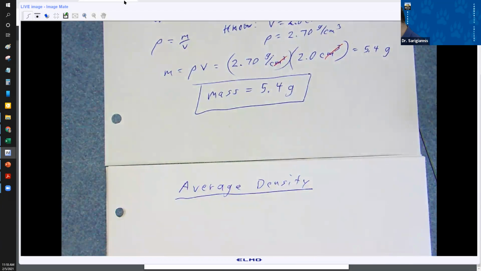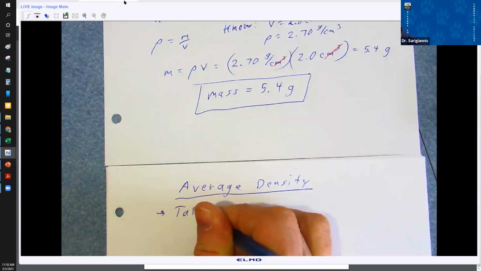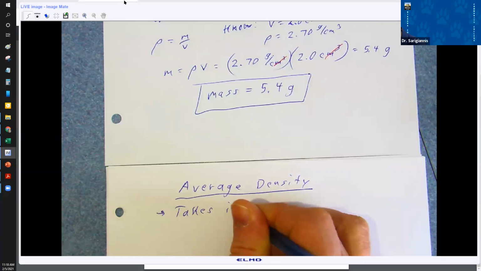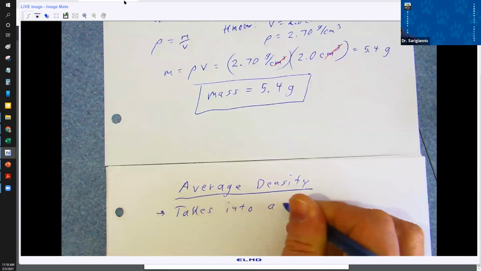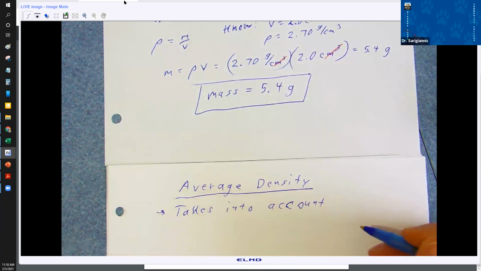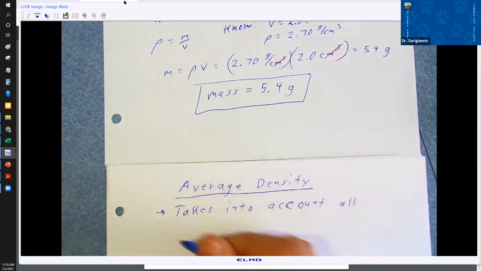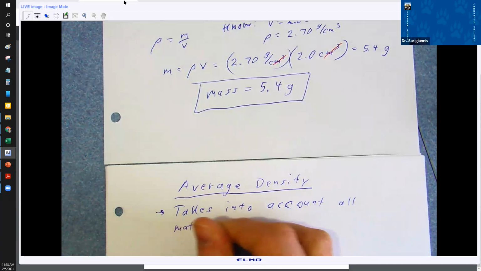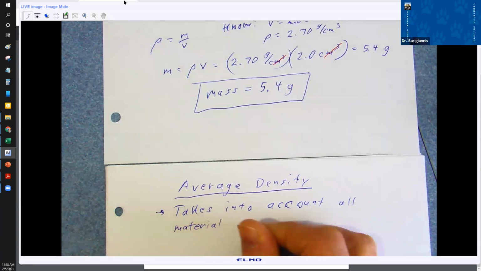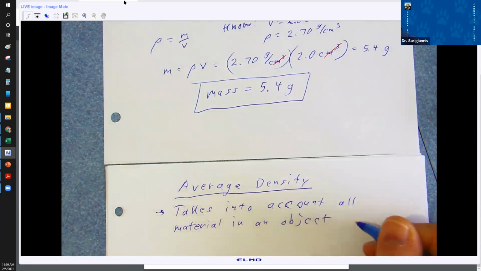The average density takes into account all material in an object, including air.